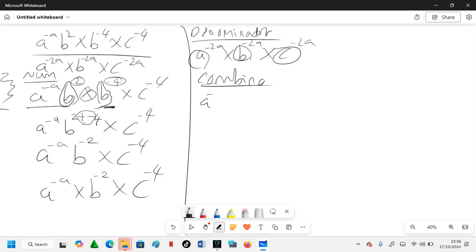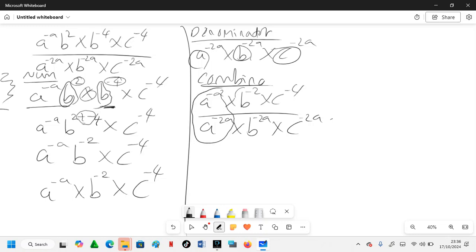We have a to negative a, times b to negative 2 times c to negative 4 over a to negative 2a times b to negative 2a times c to negative 2a, right? And we're going to repeat the same thing we have just done in our previous example. We're going to divide this, and then divide this, and then divide this, right?